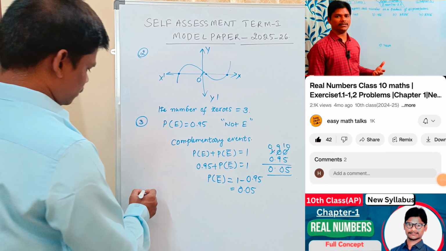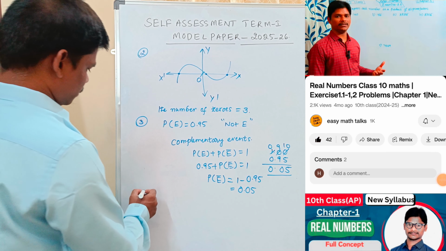See the next one, the fourth question. Write the general form of a quadratic polynomial in variable x. So you are asking the general form of the quadratic polynomial.